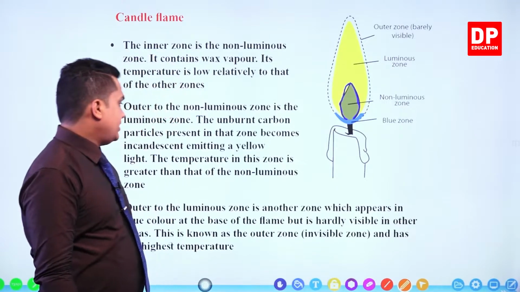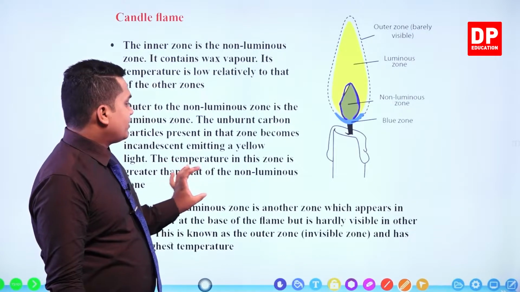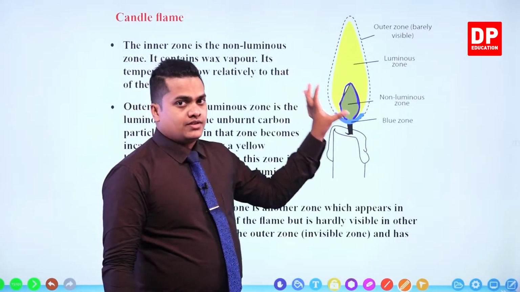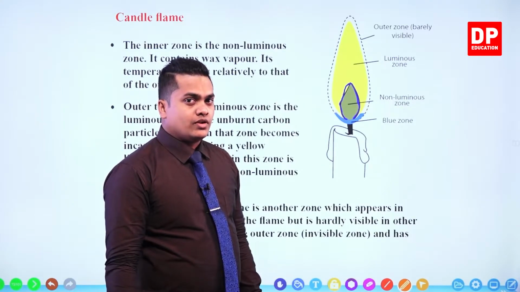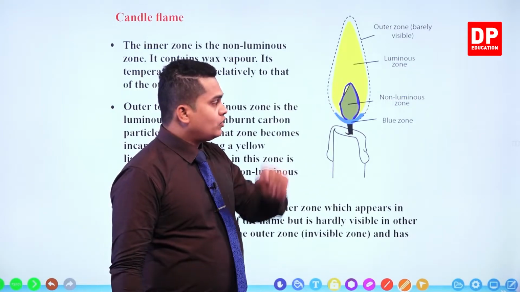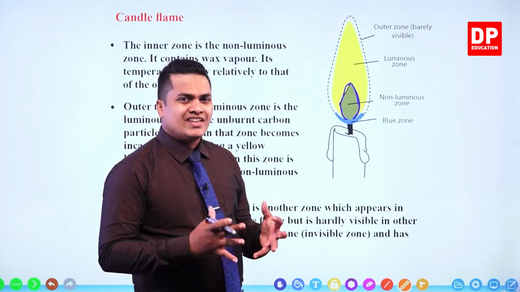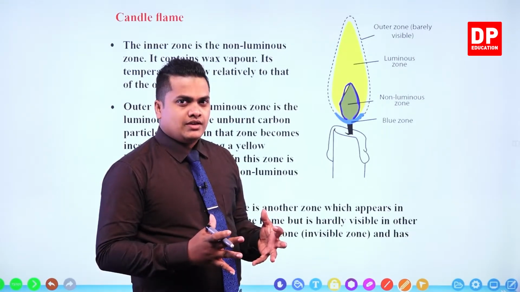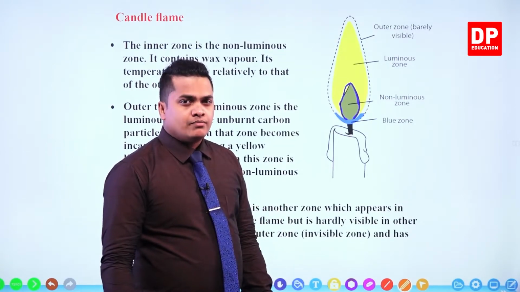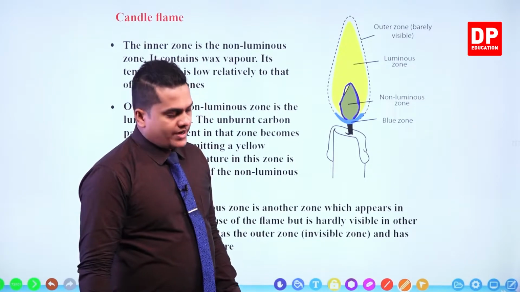The temperature in this zone is greater than that of the non-luminous zone. Incomplete combustion happens here, and the yellow color occurs due to the unburnt carbon particles.